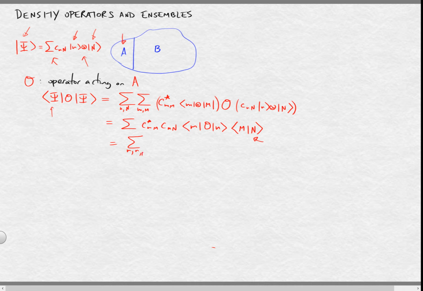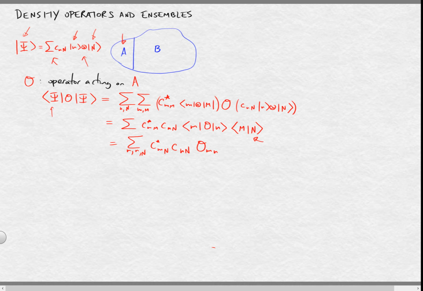So we can write C_M, and then we'll just set big M equal to big N. Sorry, this should be a little n. And then we have this matrix element O_mn.